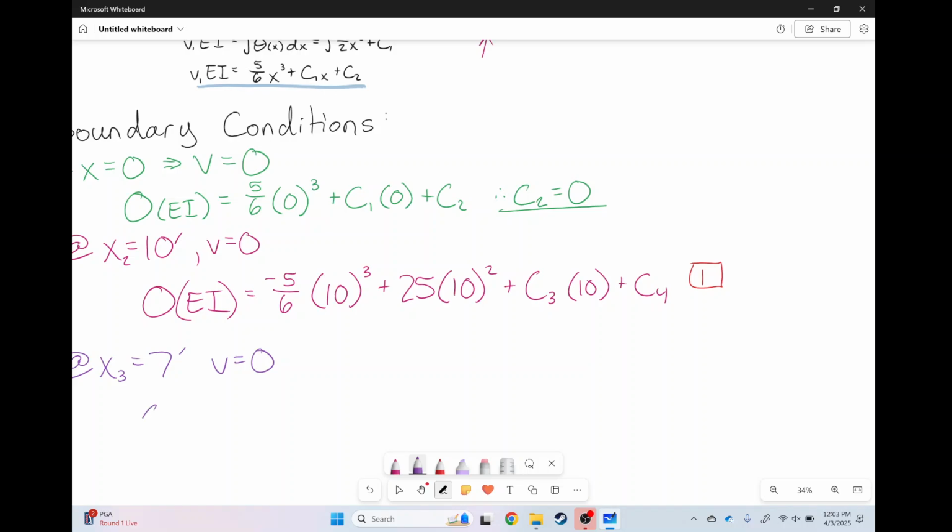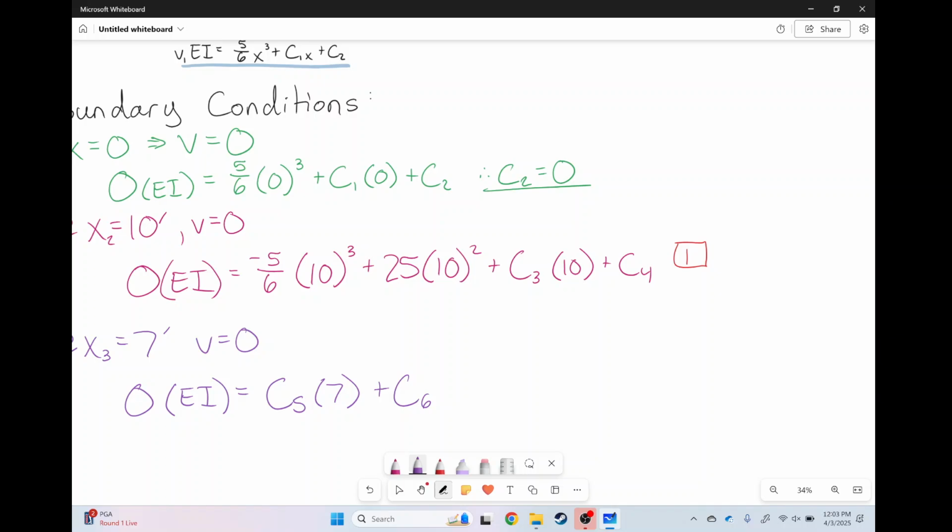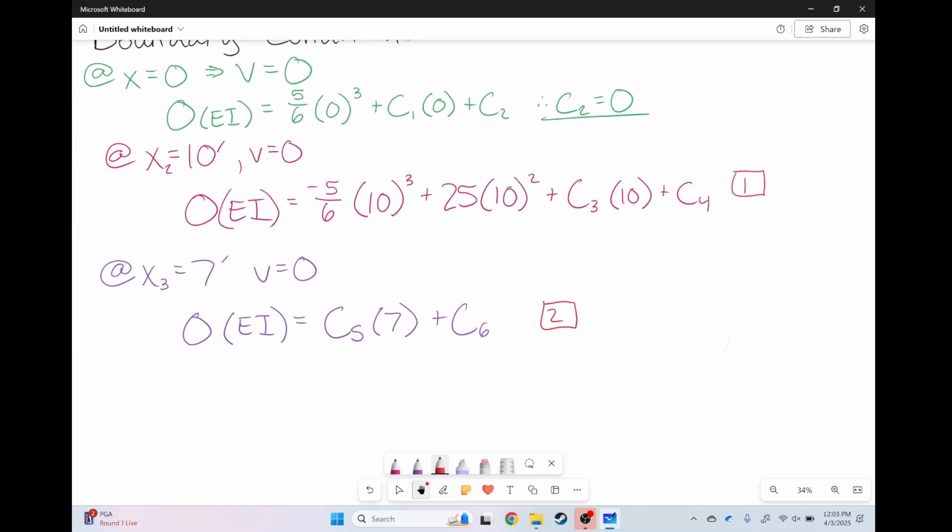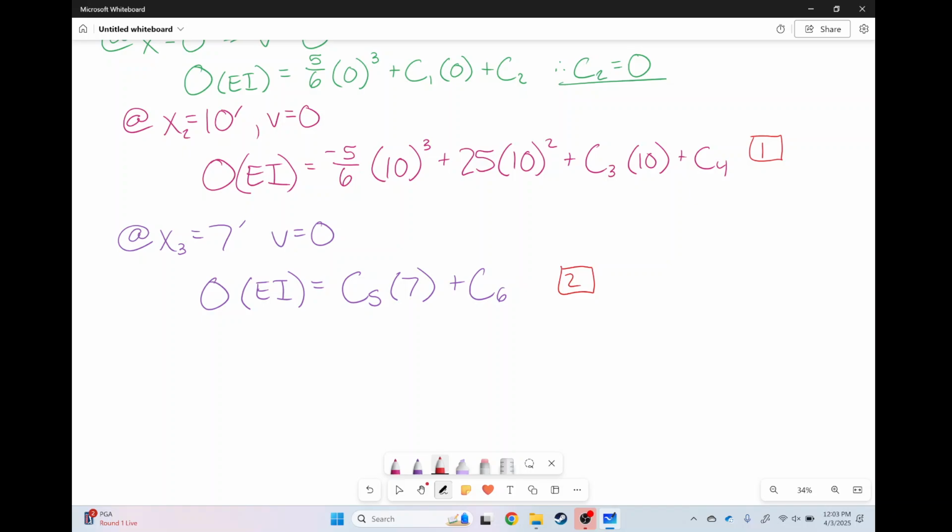So we're going to have 0 times EI is equal to C5 times 7 plus C6. Again, we didn't actually solve for anything, so I'm going to just call this equation 2. Nice and lovely.